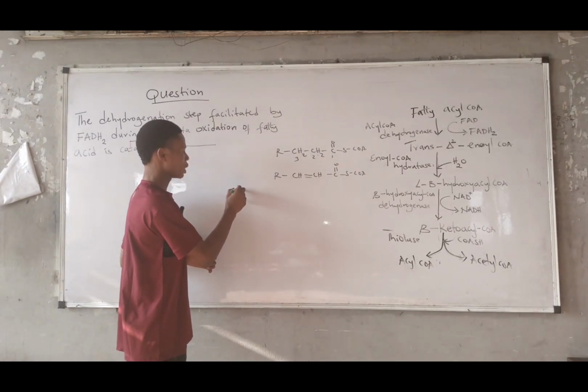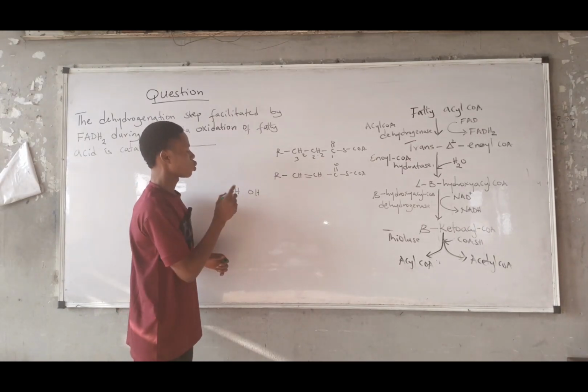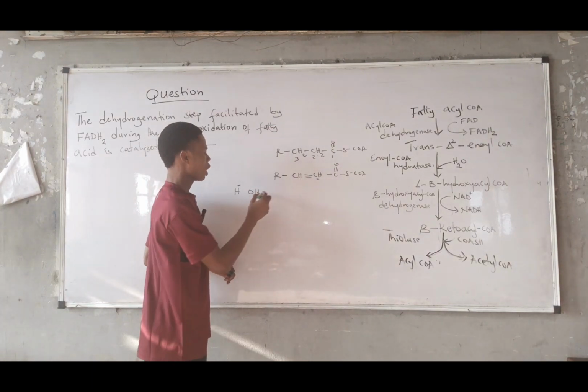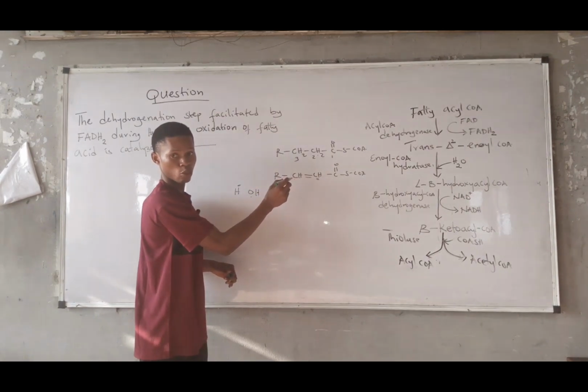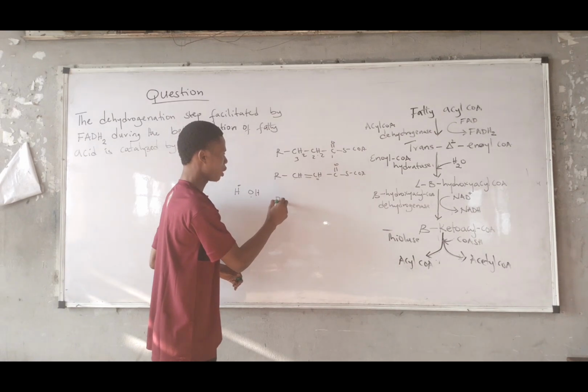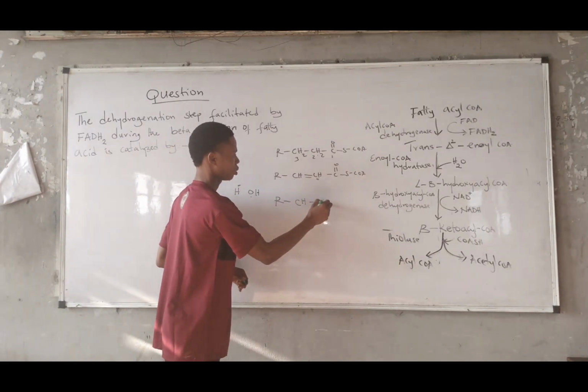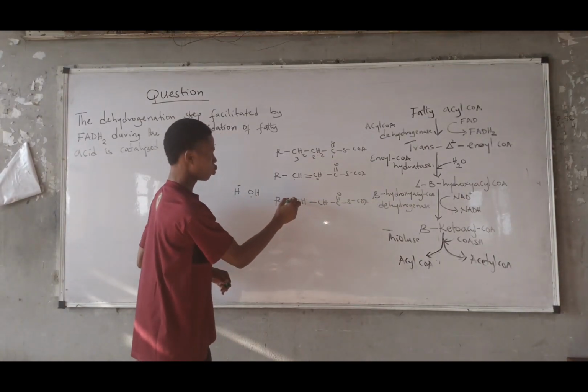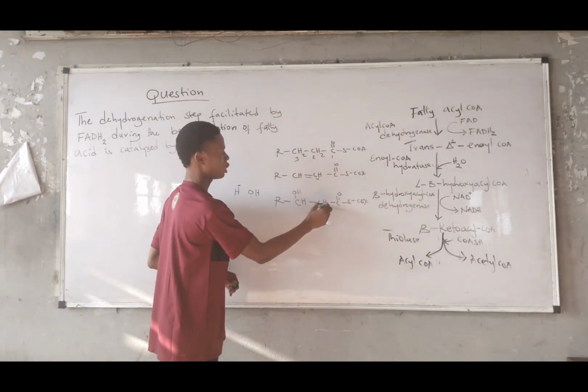And water is HOH, H2O. So what will happen is we'll add hydrogen, this hydrogen on carbon 2 and OH on carbon 3, to remove the double bond. Now this is it. We add OH here and we'll add hydrogen here.